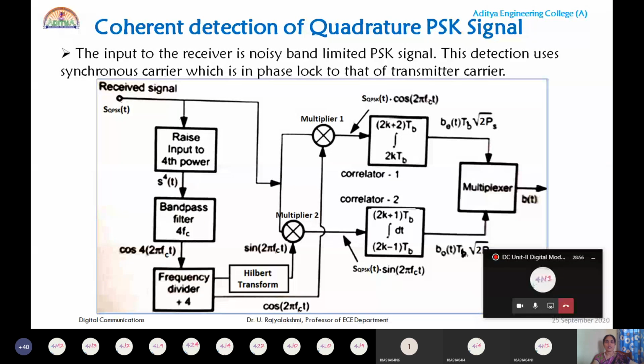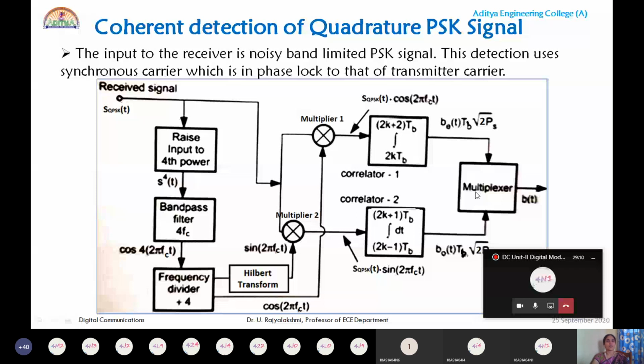Similarly, at the receiver, you are using the multiplexer to add the two sequences. So that's why the demultiplexer at the transmitter and the multiplexer at the receiver are used to provide timing synchronization. Okay, now let us move to the next slide.